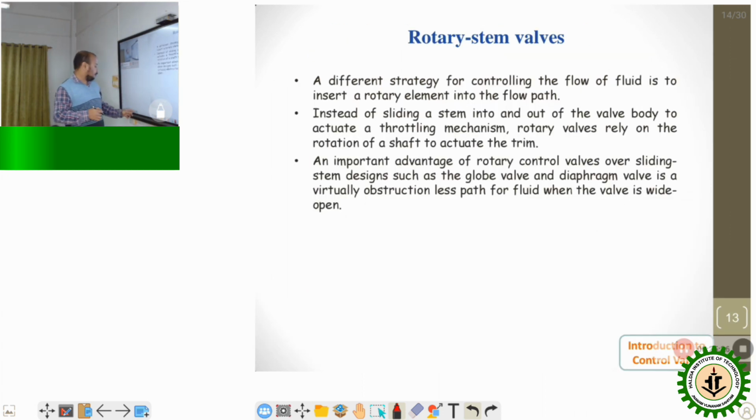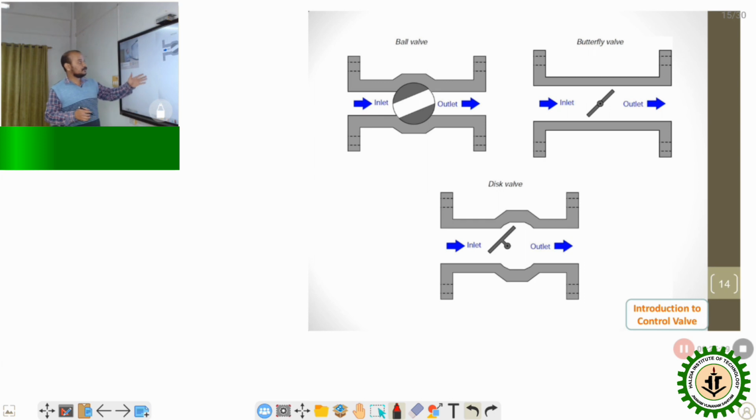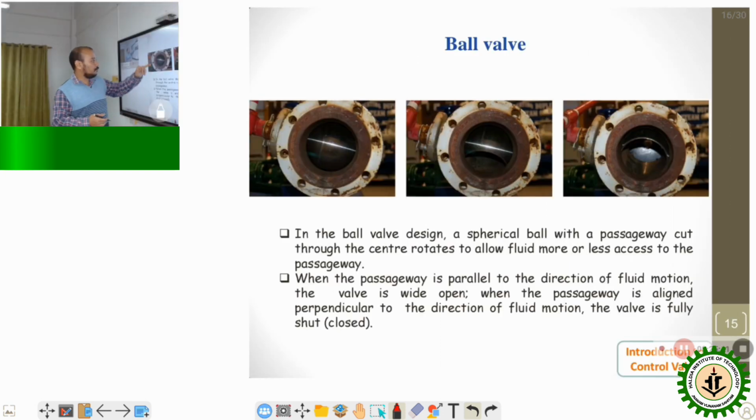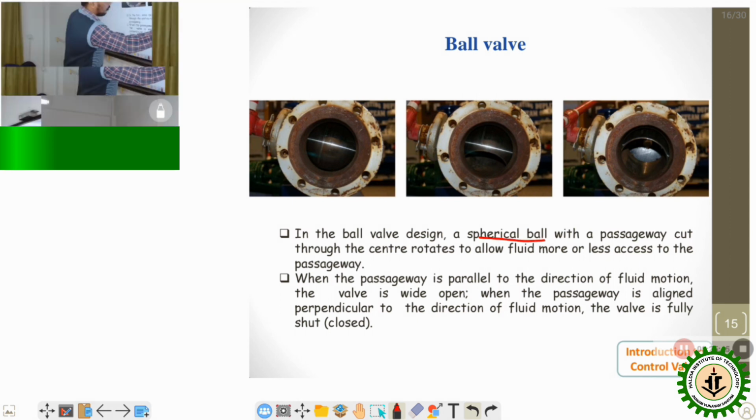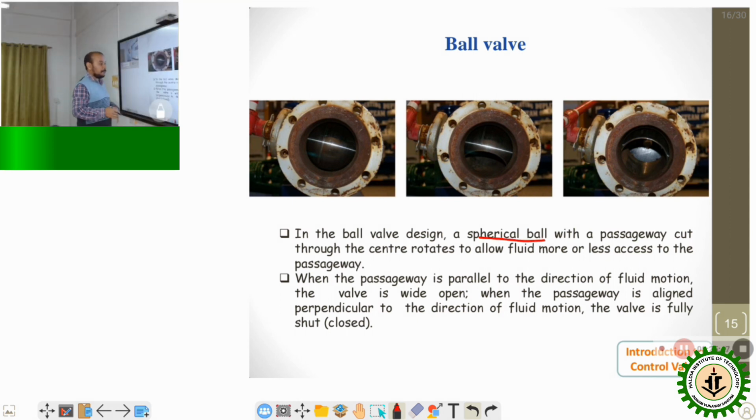And if we talk about the rotary type of control valve, it is nothing but a 90-degree rotation of the control valve, and it is mostly used for the quick opening of control valves. We can visualize the movement from this particular ball valve, in which the ball is designed as a spherical ball with a passage cut through the center that rotates to allow the fluid more or less access to the passageway.